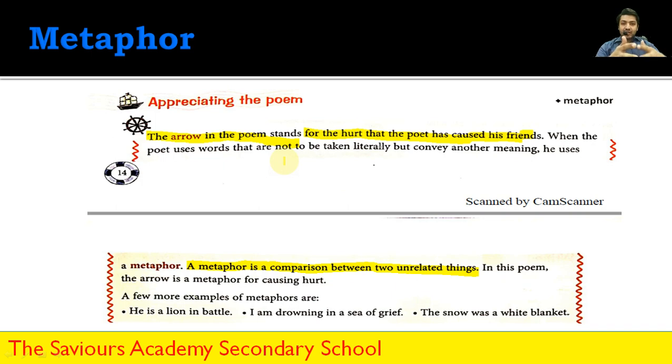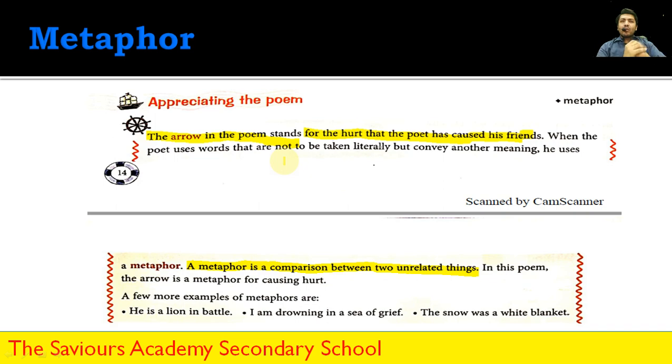The poet has described in the poem the hurt that he has caused his friends, okay, by words or by actions. And this arrow is mostly by words. We have also seen the other part of the poem, but right now we are talking of a metaphor.